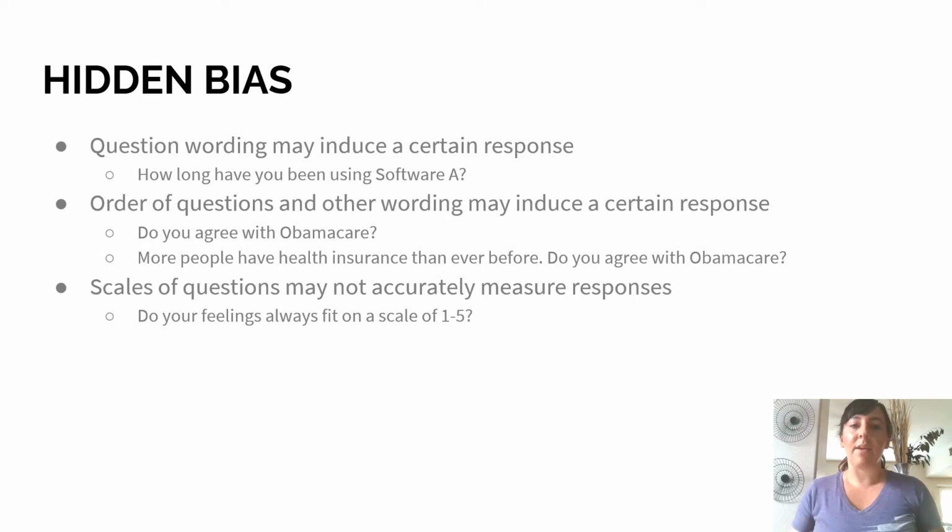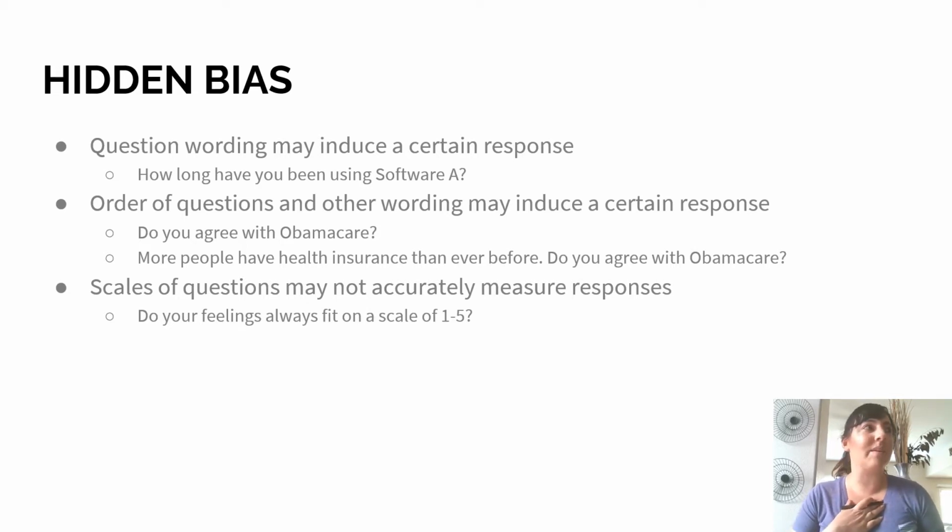But if you asked it this way and said, hey, did you know that more people have health insurance than ever before on Obamacare? Do you agree with Obamacare? Knowing that fact and then being asked, do you agree with it, induces a different response. If I already didn't like Obamacare, but they told me that everyone has health insurance now and we're all doing well, do you agree with it?